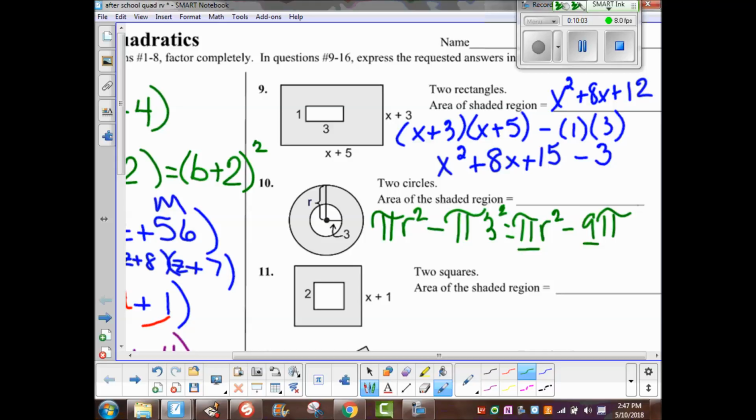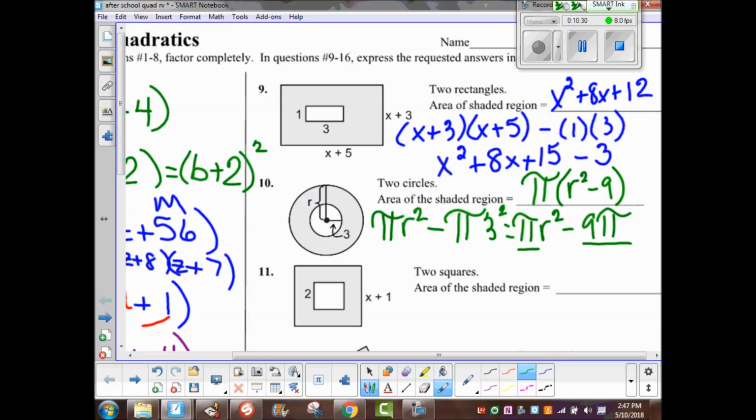What do these two terms share in common right now? They share a GCF. Pi. So now watch what happens. This one's kind of cool. So we take out that common factor of pi and we're left with r squared minus 9. Does r squared minus 9 look at all familiar?